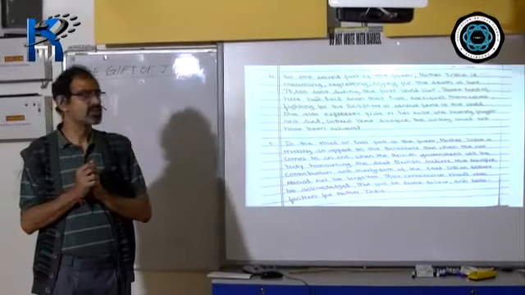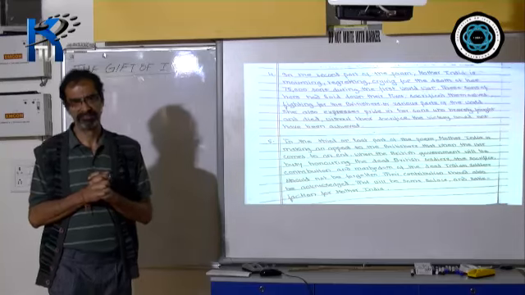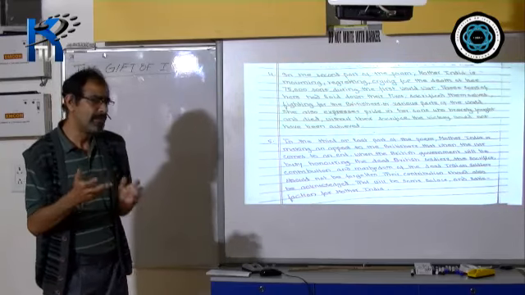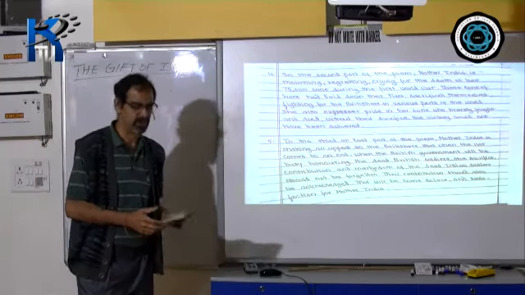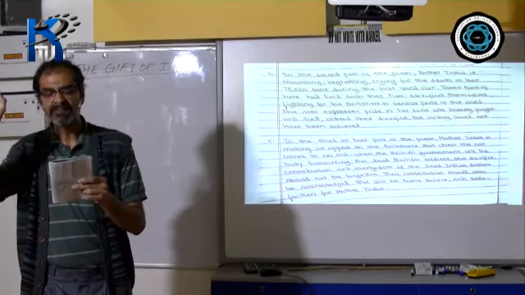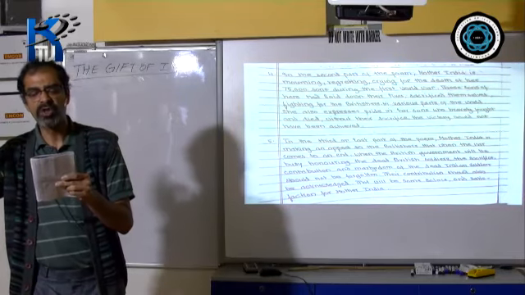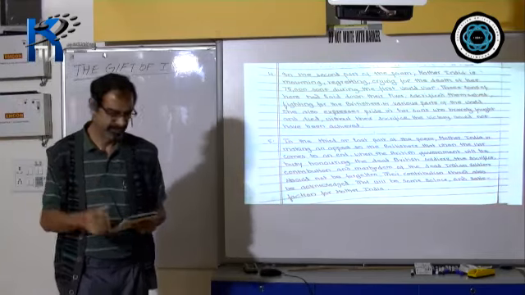You will notice the title of the poem, The Gift of India. And the poem begins with a question. Is there aught you need that my hands withhold, rich gifts of raiment or grain or gold?